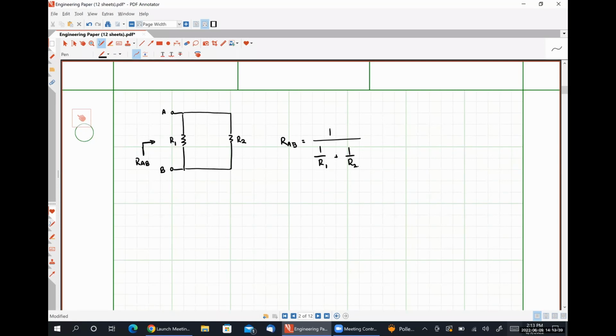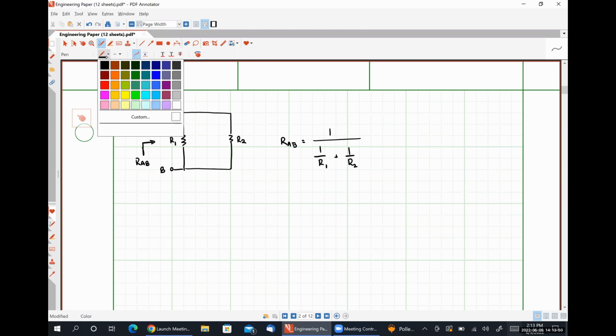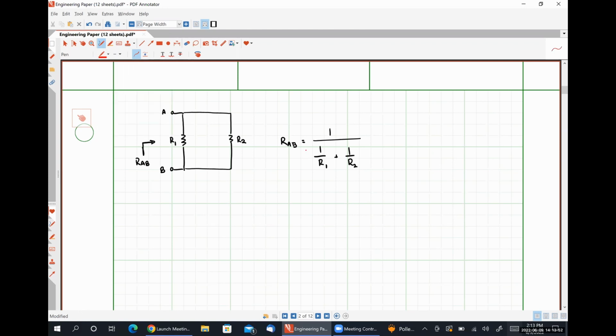What I'm going to do now is do some simple algebraic manipulation of this expression. So, for instance, I could multiply the 1 over R1 term by a factor of R2 over R2, and I could multiply the 1 over R2 term by a factor of R1 over R1.